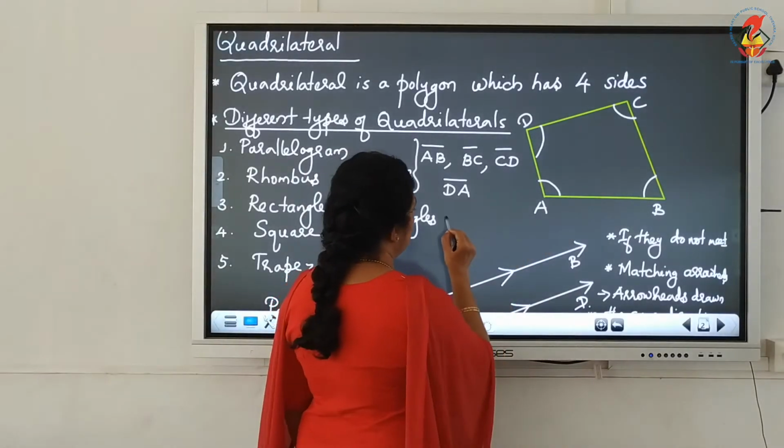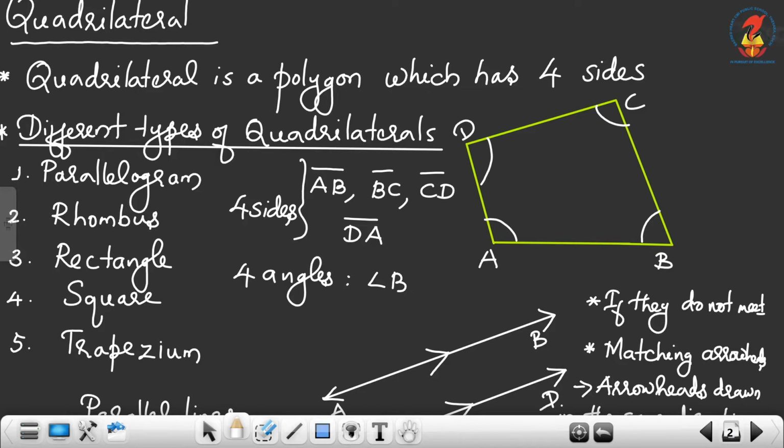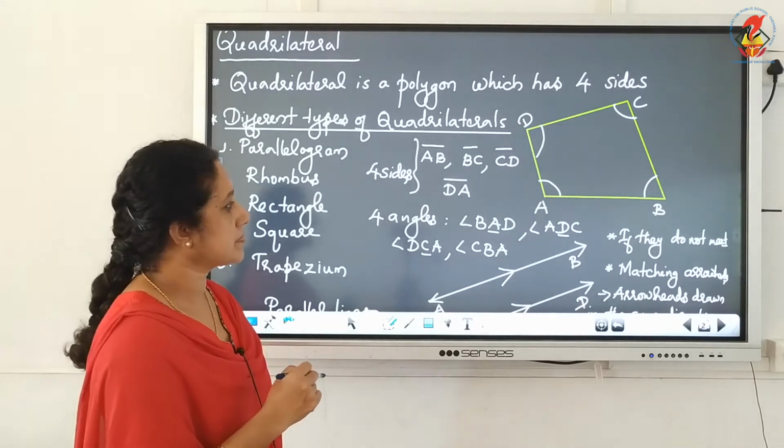Now we can name the angles as, first one, angle BAD. So angle BAD corresponds to angle A. Then angle ADC, angle D, then angle DCB, angle C, then angle CBA, angle B. So a quadrilateral has 4 angles.